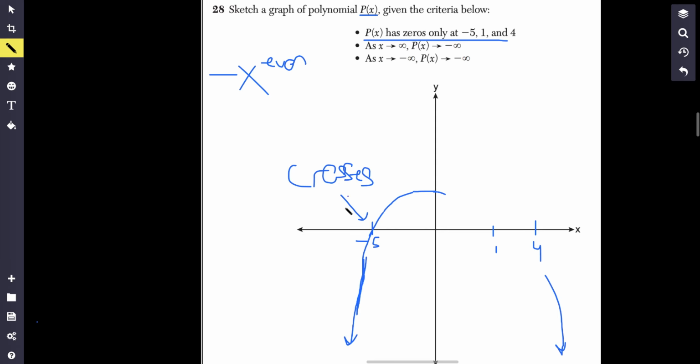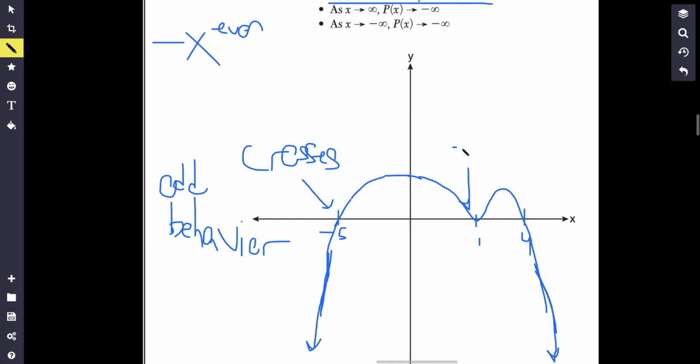Then we can hit the 1, go up, and then go all the way down again, and then that should lead us. I think this should be correct, right? Yeah. So this right over here is even, and then this right over here is odd behavior again.